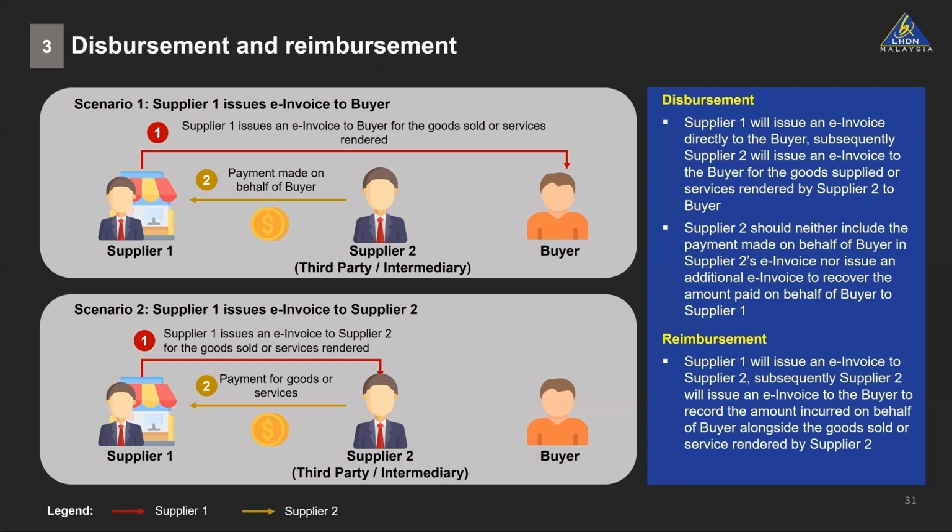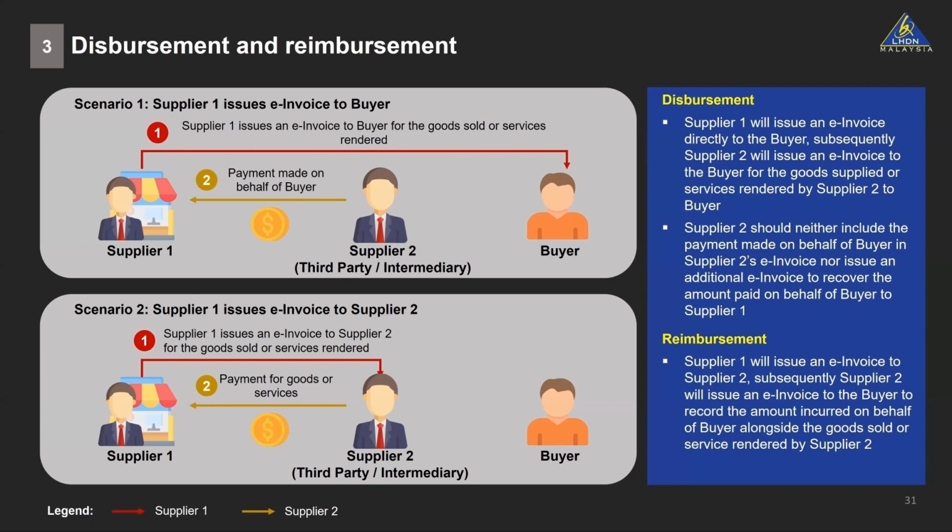Contohnya macam service charge. So, dalam invoice yang di-issue oleh supplier 1, dia tak perlu include apa yang dalam supplier 2 punya invoice to the buyer lah. So, for payment verification, supplier 2 is only required to provide proof of payment made to supplier 1.